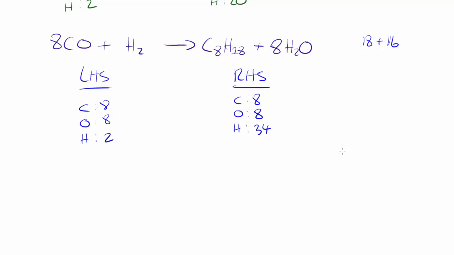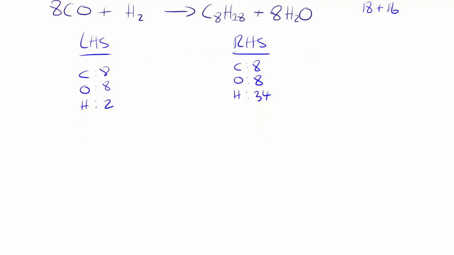Which makes it, at least on the reactant side, quite easy to balance at the end, because changing the coefficient doesn't affect the number of any other element, right? And here we've got 34, which is what it needs to be balanced with.